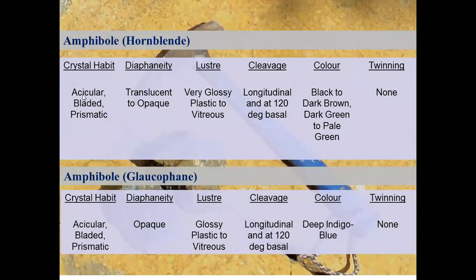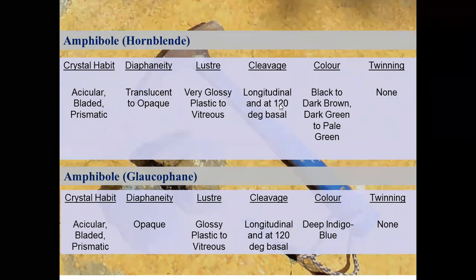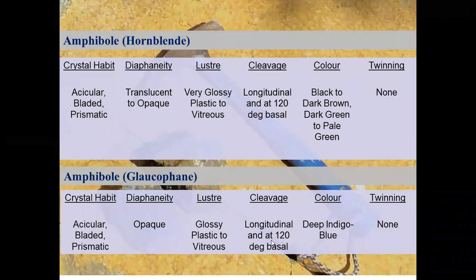Here we've got the acicular bladed, which fits for both of them, translucent to opaque. Some of the hornblende type of amphiboles can be slightly more transparent, but for the glaucophanes, I'd say opaque is the more common form. Very glossy, plastic to vitreous, so very shiny, they leap out at you. The longitudinal cleavage and the 120 degrees on the basal is the amphibole indicator.